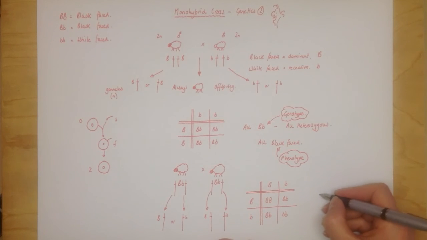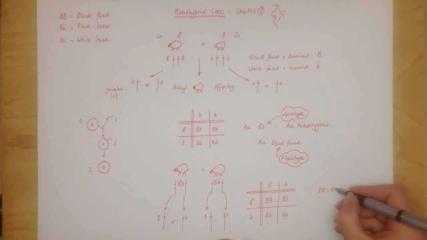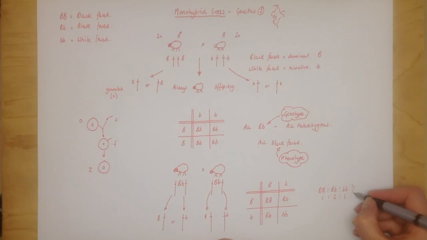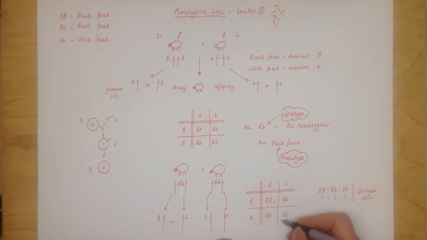So you get one of them, two of those, and two of those. 1 to 2 to 1. They're the different genotypes. So this is called the genotype ratio. Now, this one's black-faced.